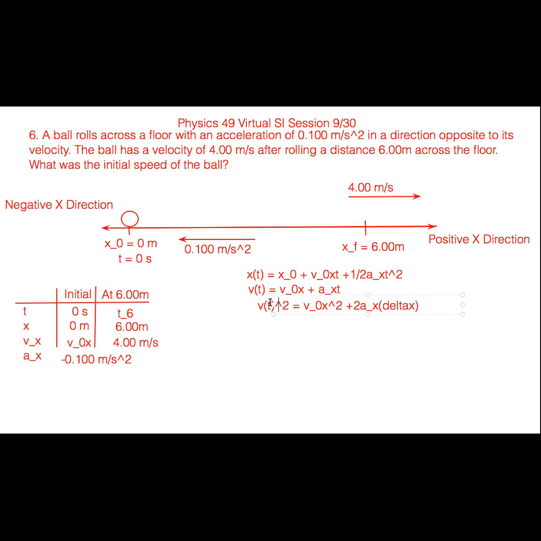What is delta x? Oh, delta x, I know I've seen it somewhere. When we say delta, it means the difference. So delta x is the difference in position, and that's probably final minus initial. This is how we have been using it.